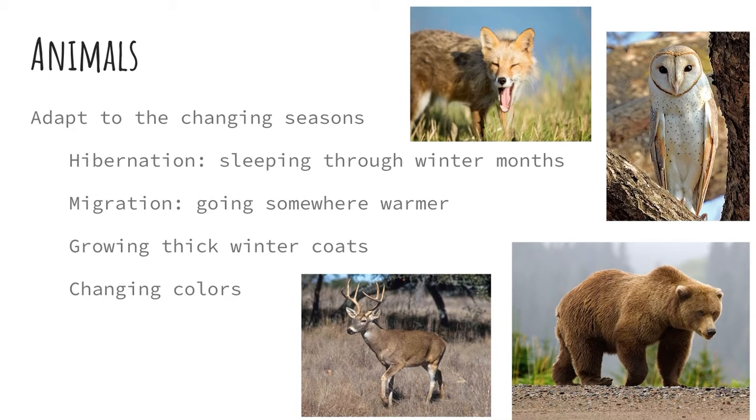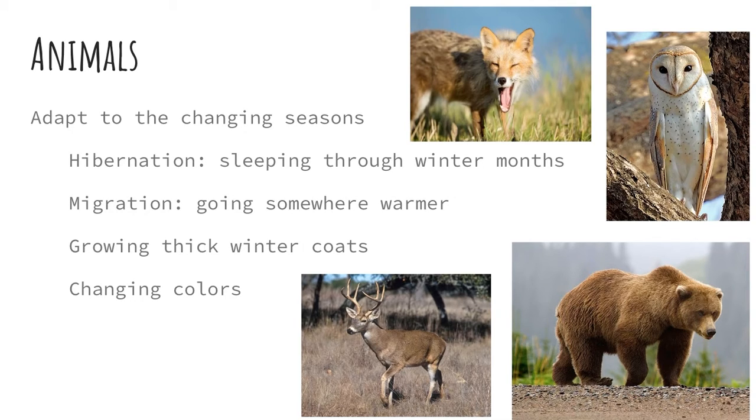Then another thing that they do is they grow thicker coats during the winter. So you can kind of see that if you look at this brown bear and this deer. They both have thicker coats, especially the deer. He's really fluffy looking because it looks like it's wintertime in this picture. And then they also change colors.